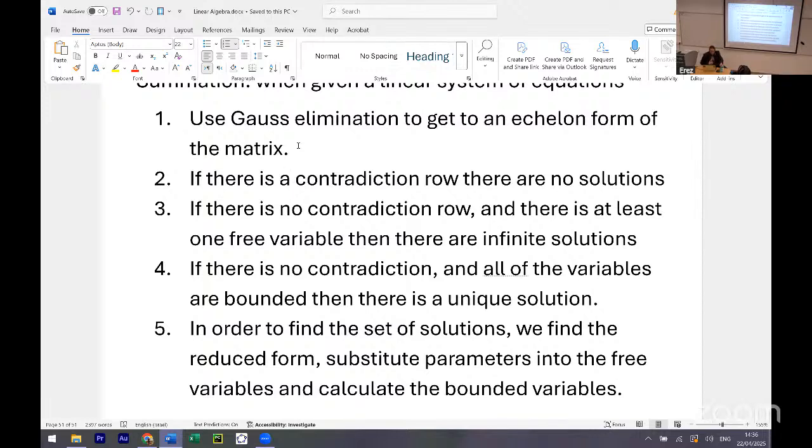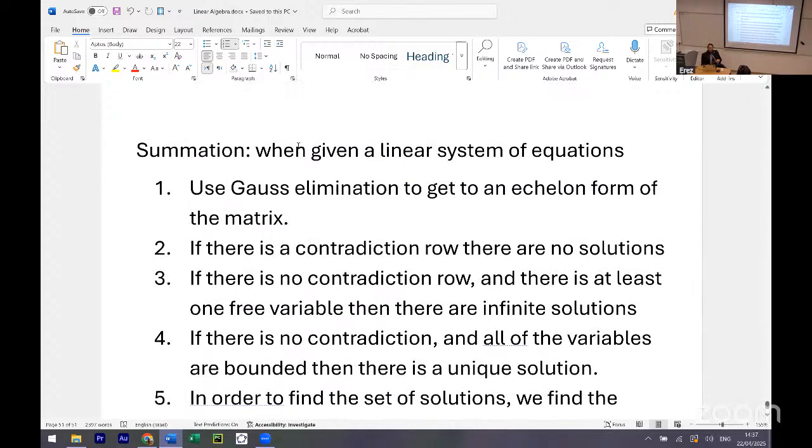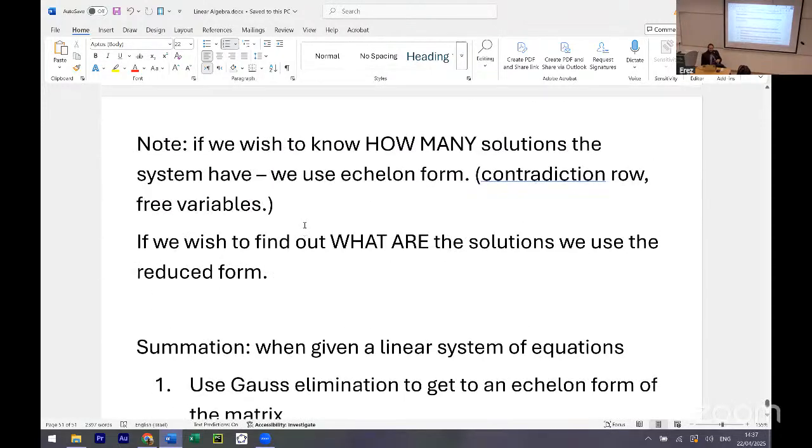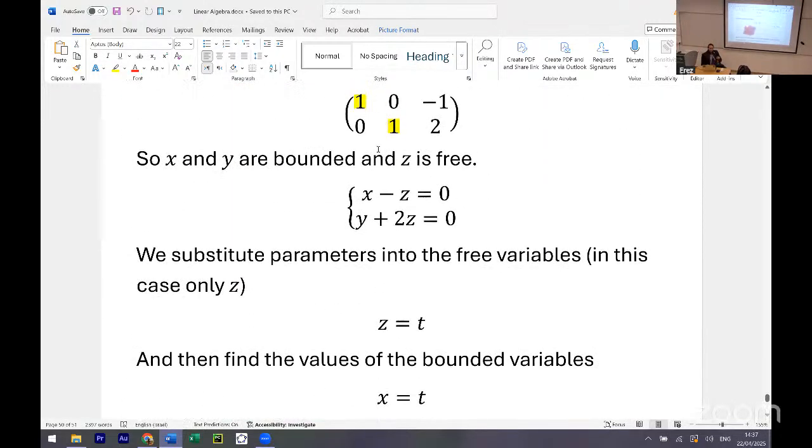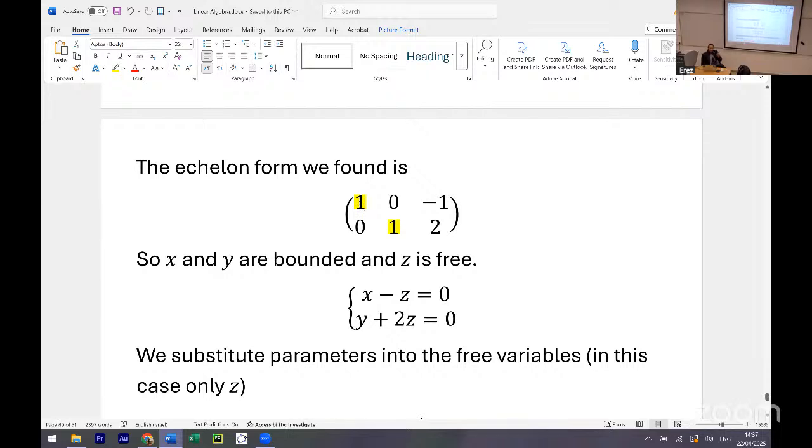Yes, Thomas. Did we describe how to find free variables? Yes. We said, and I specifically talked about it with you, the bounded variables are the variables which have a pivot in their column. All of the rest are the free.